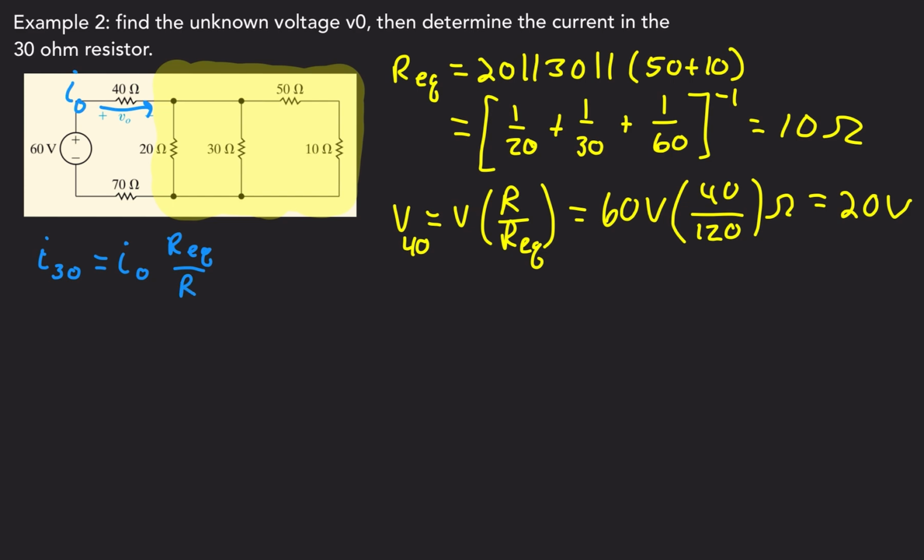The equivalent resistance in this case is going to be the yellow highlighted region that we actually already found. That's 10 ohms. And R is 30. So I naught is equal to voltage divided by resistance, which is 20 volts divided by 40 ohms, which is equal to half an amp.